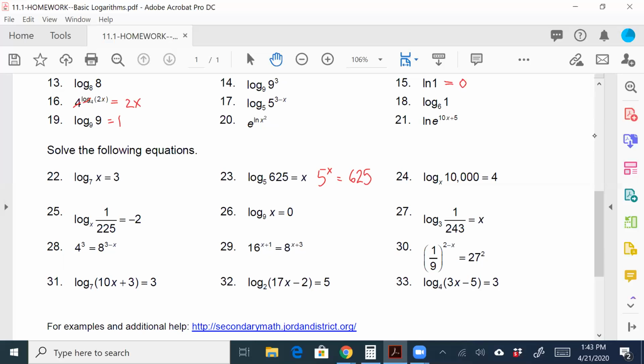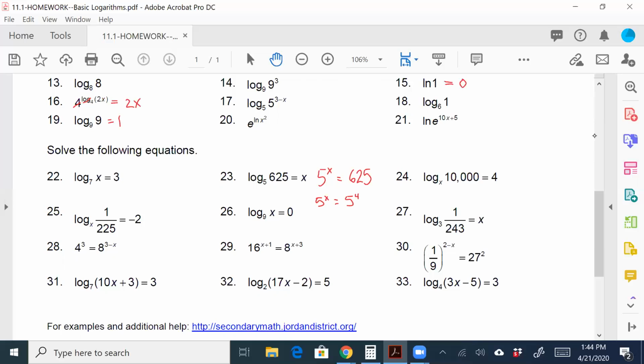And so our challenge is to write 625 as a power of 5. And if we get our calculator, you find that 625 is the same as 5 to the 4th power.